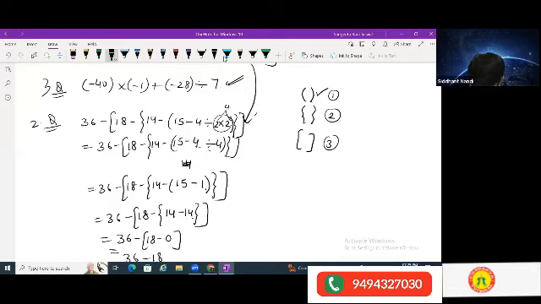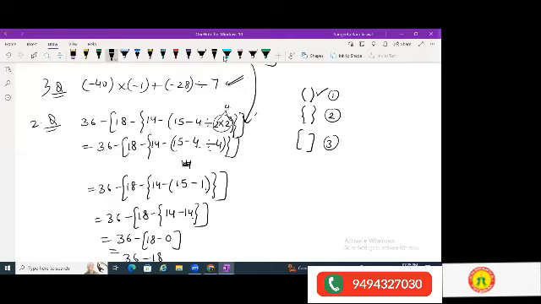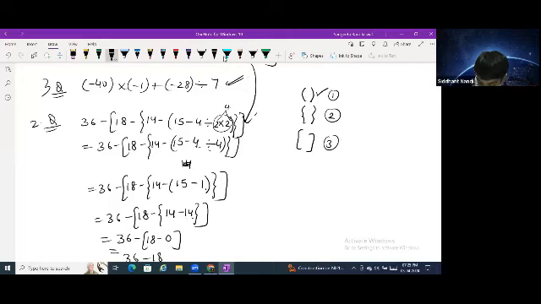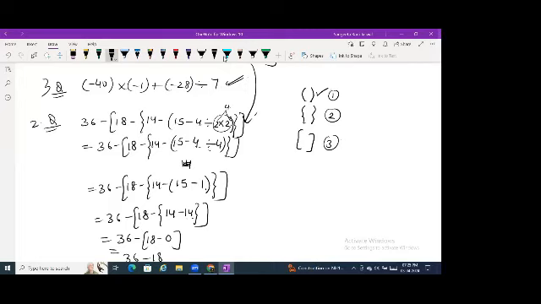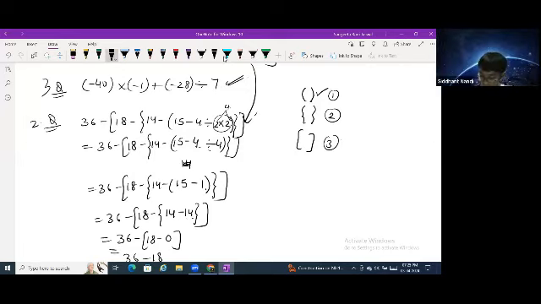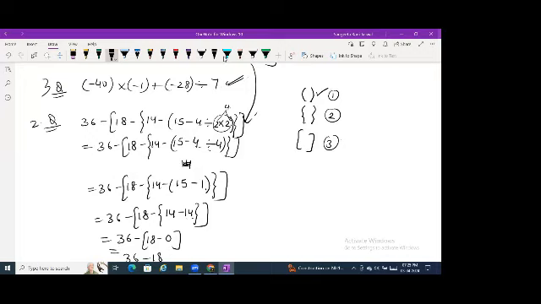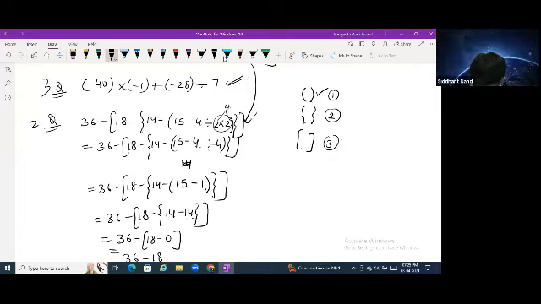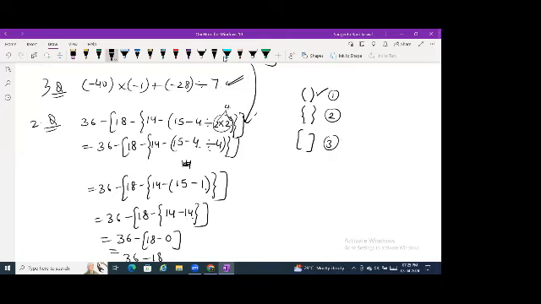So if I do 4 divided by 4, you give me 1. What you are doing is you might maybe be thinking like this: 4 divided by 2 will give you 2 here, then 2 into 2 will give you 4, then 15 minus 4 will be 11, like this.